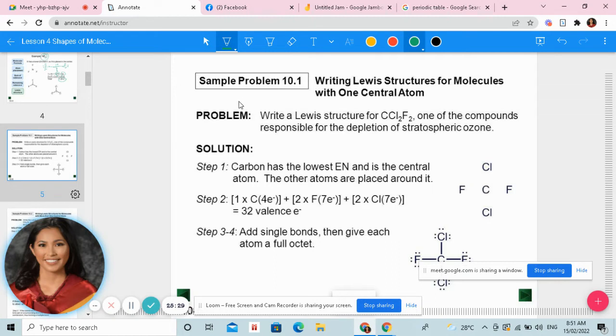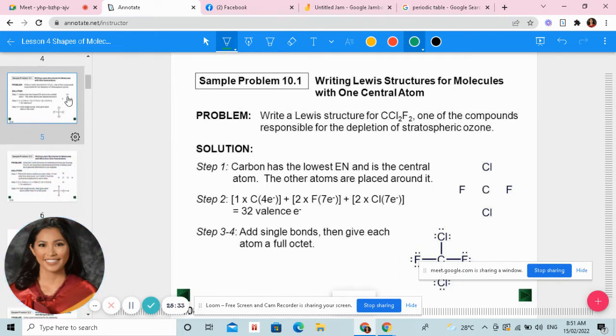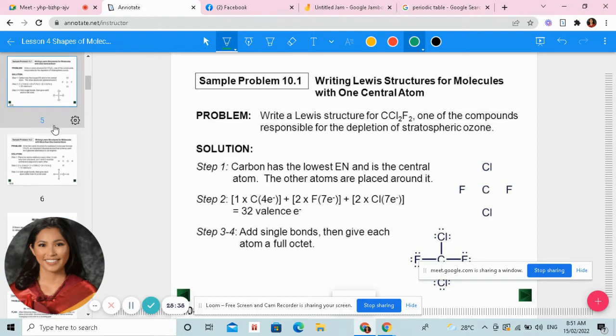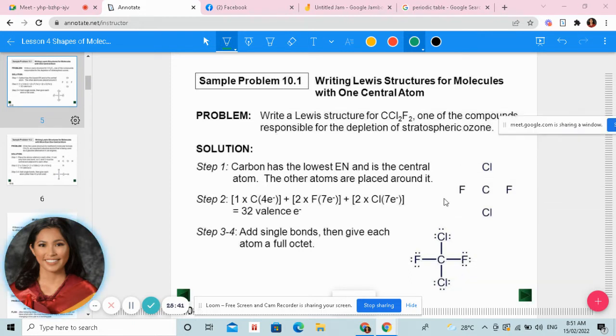Okay, so we have CClF2. Now, we have three different atoms.